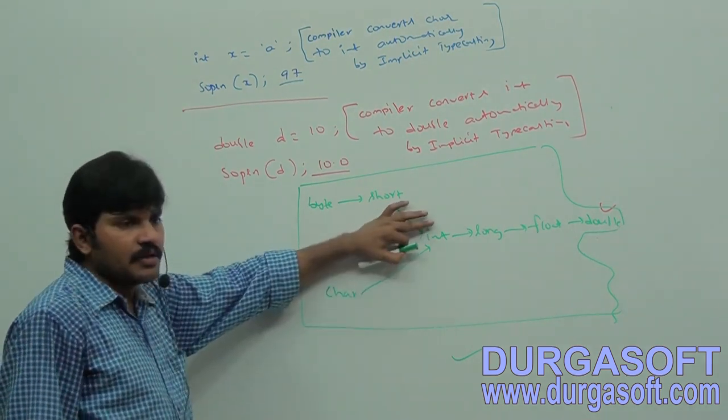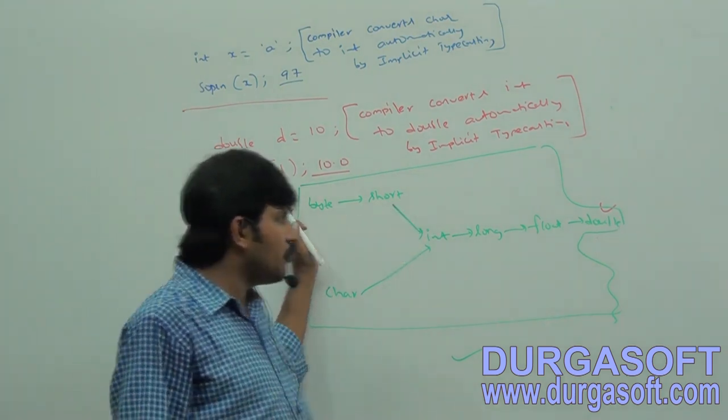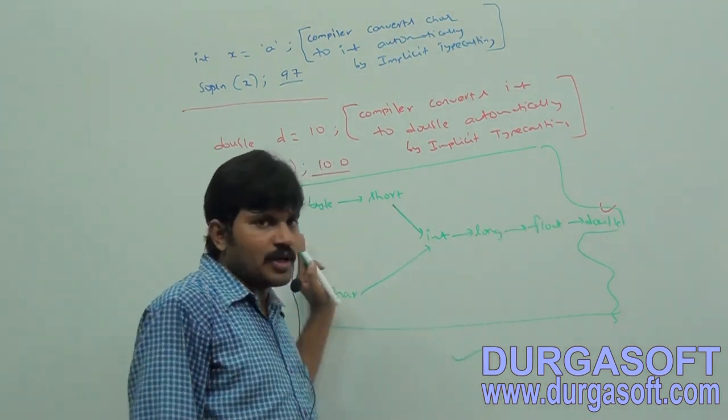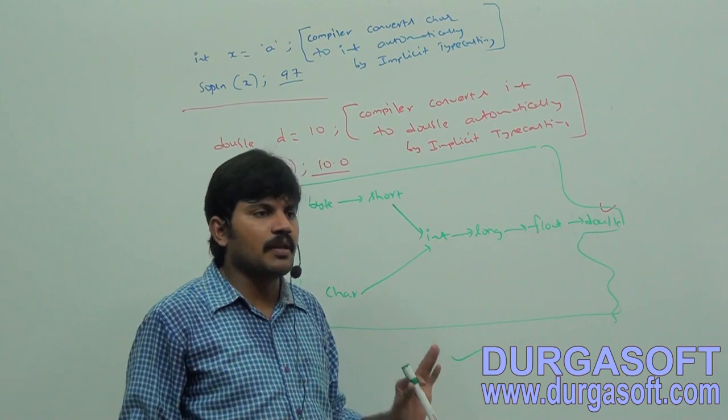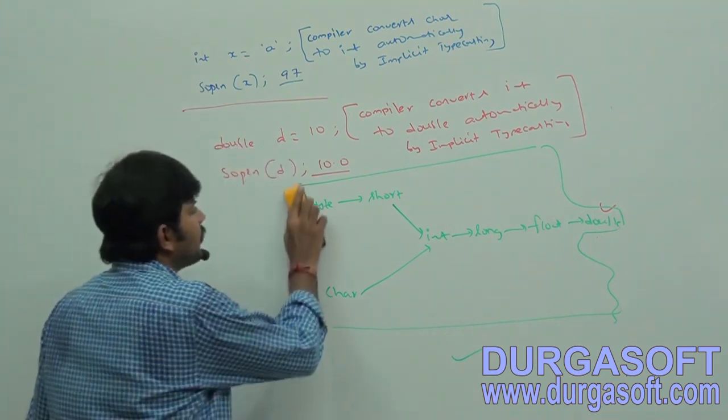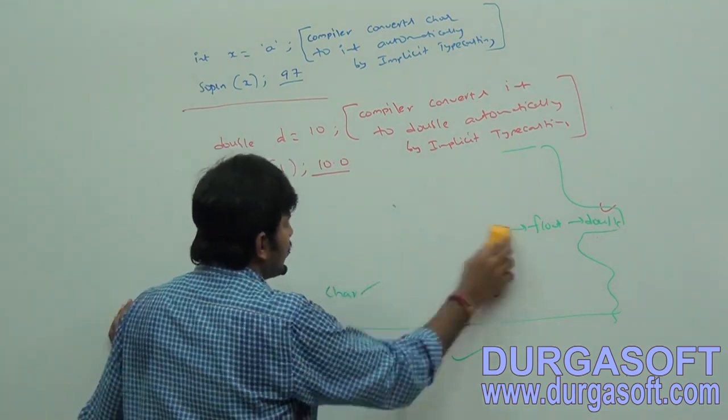Have we completed, right? So do you know, smaller type to bigger type? If anywhere a small type to bigger type is acceptable, internally the compiler is responsible to perform this conversion, right?